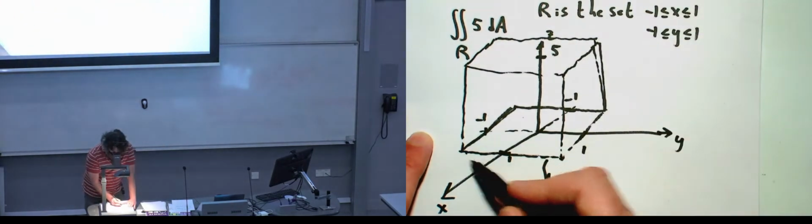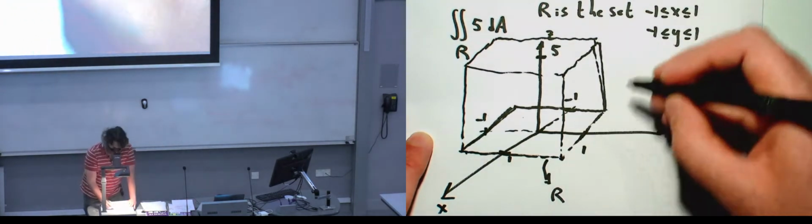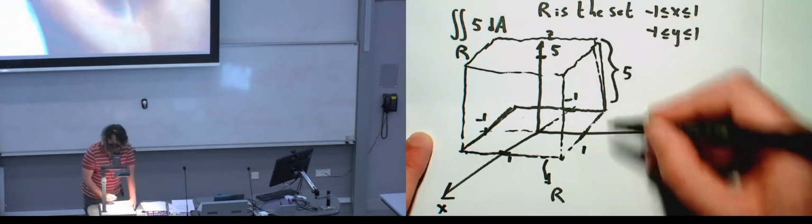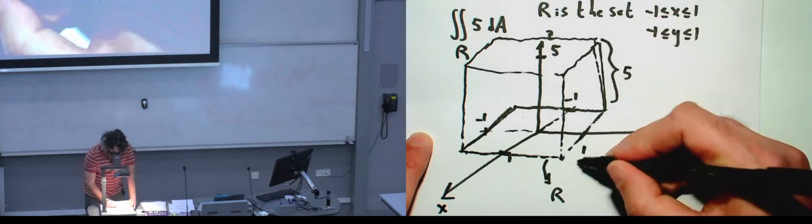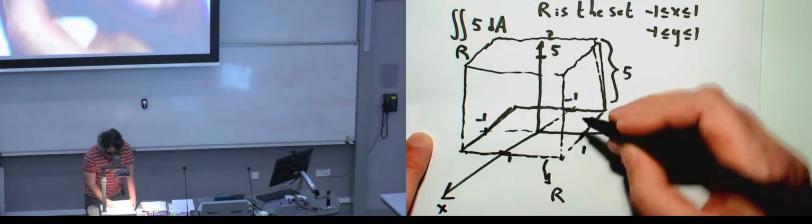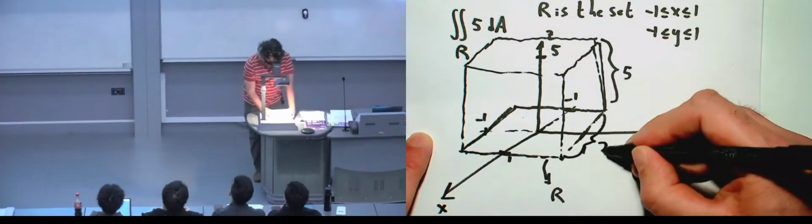And so we can calculate the volume of this cuboid with height 5. The height here, I haven't really drawn it to scale, of course, because at the base it's 2 by 2 and the height is 5. But the height is 5, and the sides, so it goes from 1 to -1, so the sides are length 2.